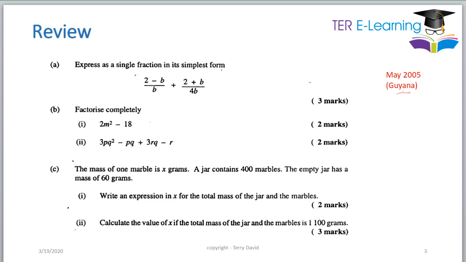So let's look at this question. Express as a single fraction in its simplest form (2 minus b) over b plus (2 plus b) over 4b, right? So they want us to express this as a single fraction. So let me get a blank sheet here.